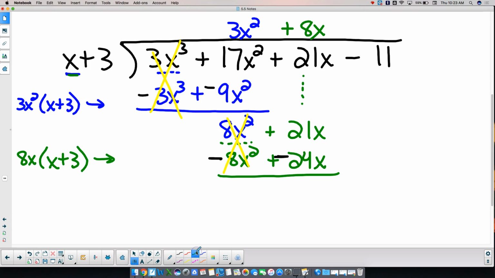This gives me negative 3x. Then what? Drop it down. Drop the negative 11.